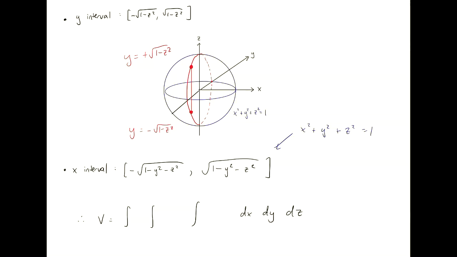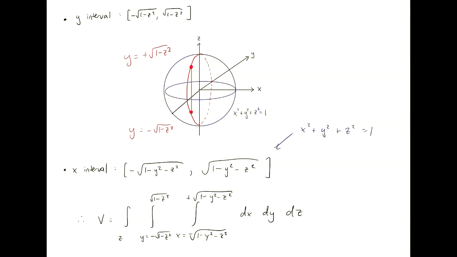And what that gives me is my final volume integral. X goes from minus the square root of 1 minus y squared minus z squared to plus the square root of 1 minus y squared minus z squared. Y goes from minus square root of 1 minus z squared to plus the square root of 1 minus z squared.